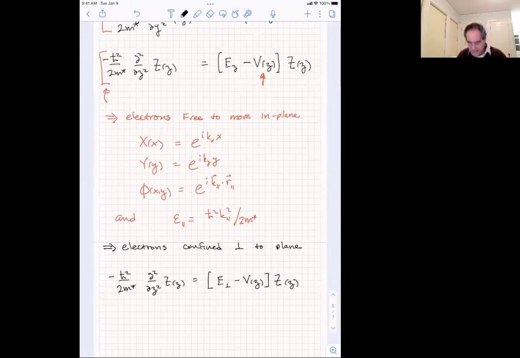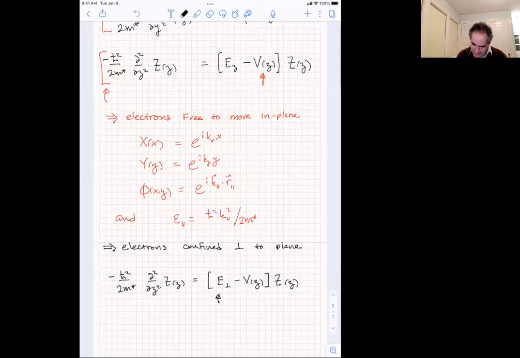For now, the thing that's playing the role of the wave function is just the part of the wave function that varies with z, what we call z of z. And the energy here is the perpendicular part of the energy, which now I'll just call E perpendicular, okay? It's the part of the energy that's associated with the momentum in the perpendicular direction, momentum and potential in the perpendicular direction. Whew.